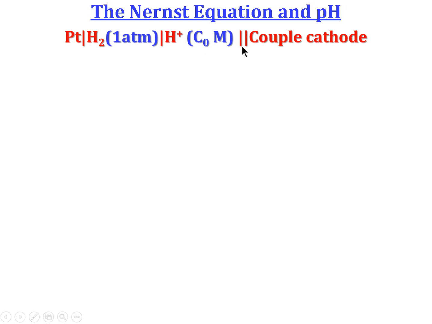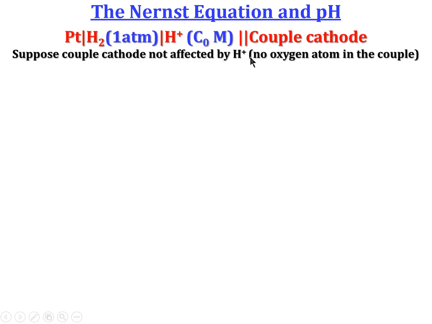Consider the following cell: platinum, H2 at pressure 1 atmosphere, H plus at initial concentration C0 different than 1 molar, and on the right we have another couple in the cathode. We suppose that the couple at the cathode is not affected by H plus, so we don't have an oxygen atom in this couple.